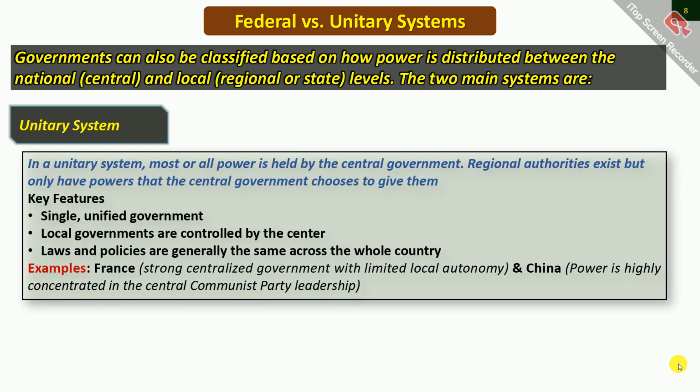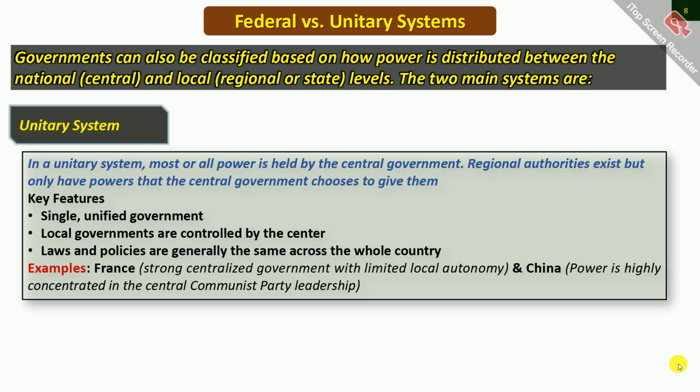Government can also be classified based on how power is distributed between the national and local levels. The two main systems are the unitary system. In a unitary system, most or all power is held by the central government. Regional authorities exist but only have powers that the central government chooses to give to them.